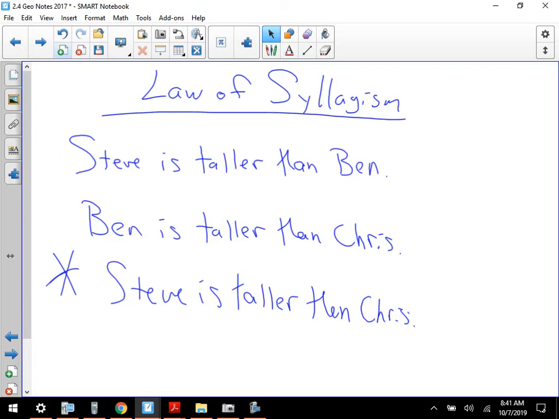A lot of writing for something that looks just like this: A equals B. B equals C. Therefore, A equals C. This is called the law of syllogism. When you have logic statements like this, the last bit you say in the first sentence is repeated in the next one.